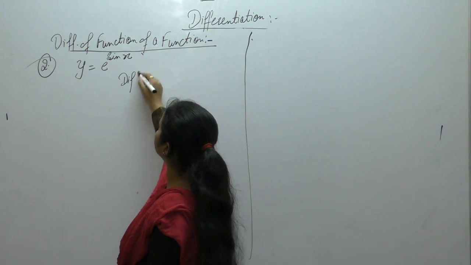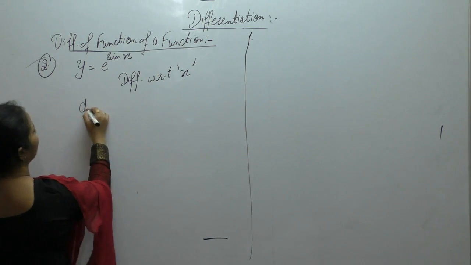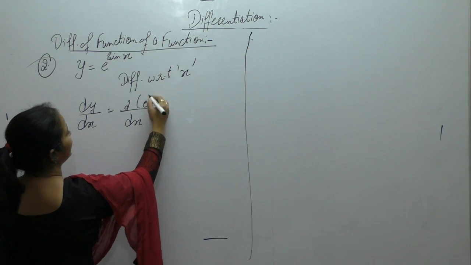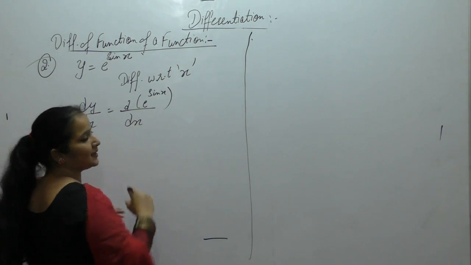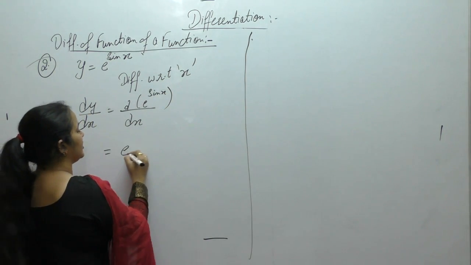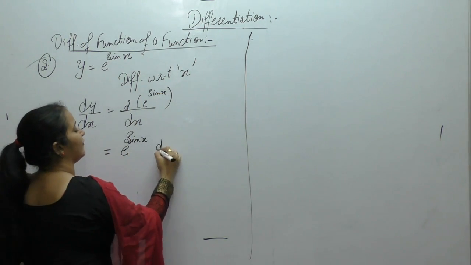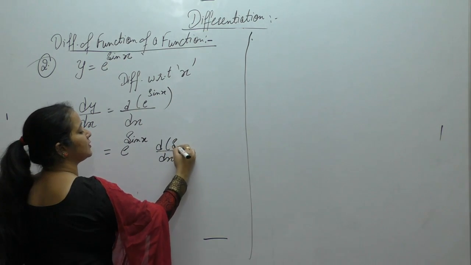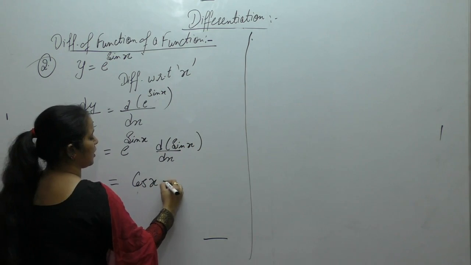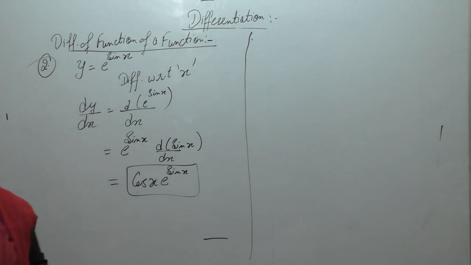Differentiate with respect to x. dy upon dx, derivative of e power sin x. Derivative of e power x is e power x. Now instead of x here we have another function sin x. So we have to take the derivative of that function also. Derivative of sin is cos of x. So cos of x into e power sin x.